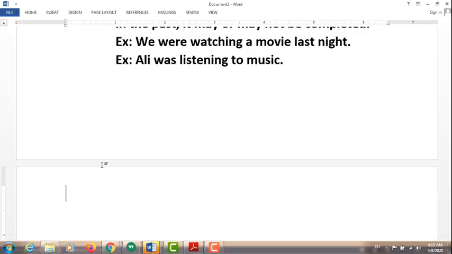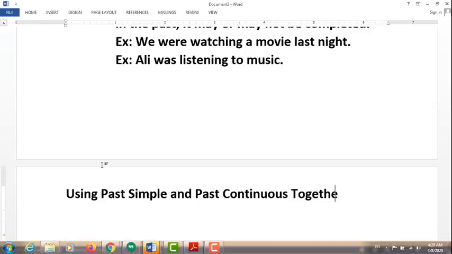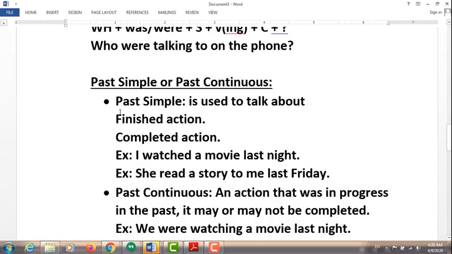Using past simple and past continuous together. Now we will use past simple and past continuous together. Now how? As you know, look at this usage.